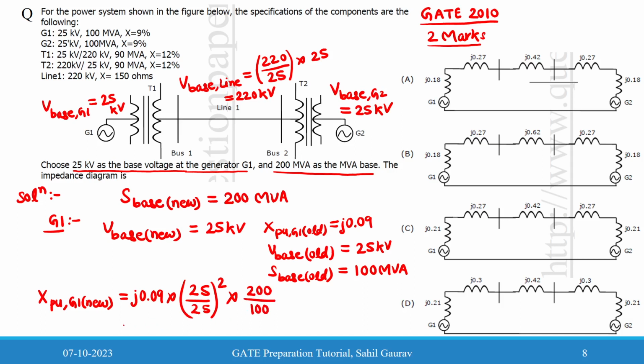On computing this we get 0.18 per unit. I am not writing S base new separately, because it will not change throughout the system. We have found the reactance for generator 1.